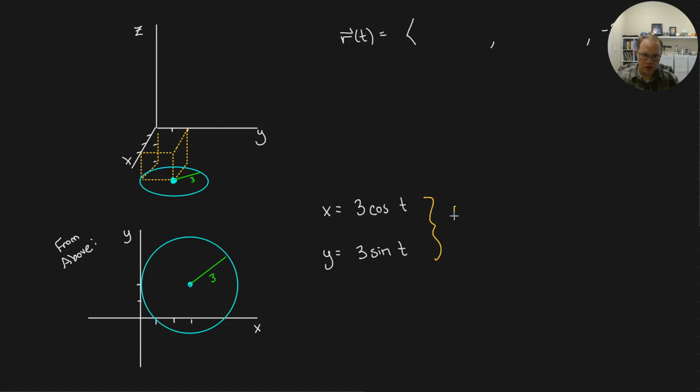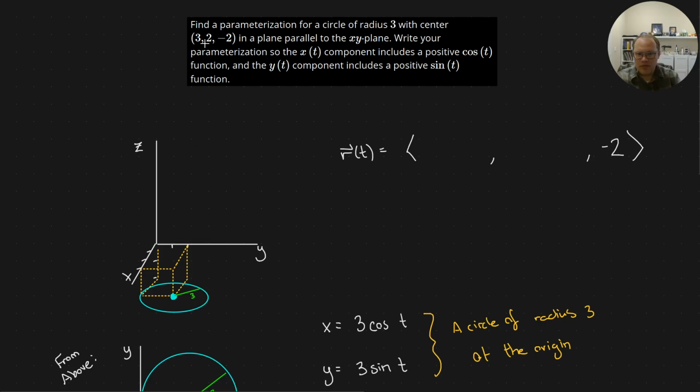So this gives a circle of radius 3, but it's at the origin. We just need to offset it a little bit so that we have this center specifically for x and y. Again, we don't have to worry about the z. It's just constant. We're just figuring out what's happening with the x's and y's.